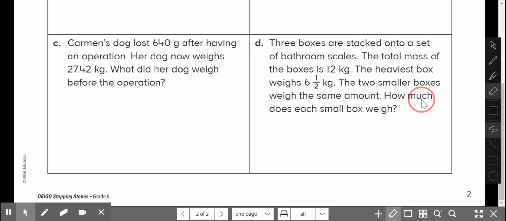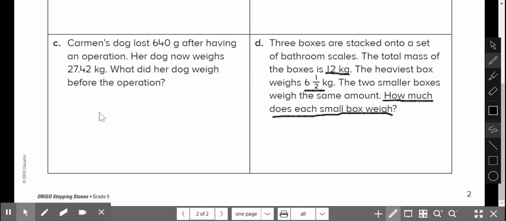Okay, so we're trying to figure out the amount of weight in each of those small boxes. And this is what we know. The total of all the boxes is 12 kilograms, and the largest box is 6.5 kilograms.